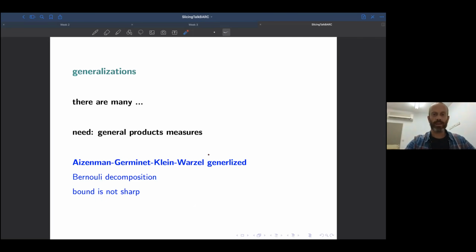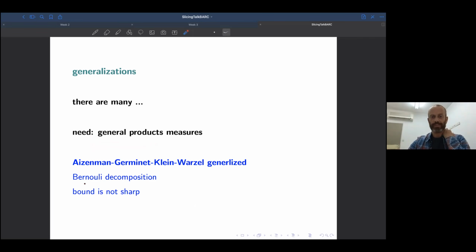The thing we needed is a version of these theorems for, instead of the uniform measure on the hypercube, a general product measure on the hypercube. So now every bit has some bias. The first bit is 1 with probability 0.1, the second bit is 1 with some other probability, and so forth. This is what we needed. This type of generalization was studied before by four people who proved some non-trivial statements.